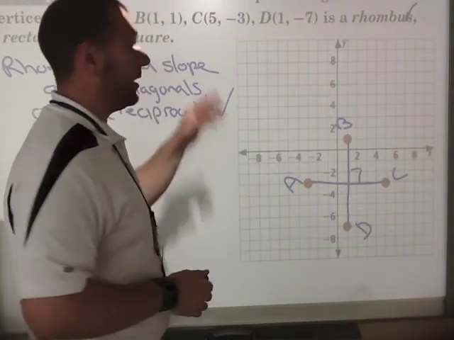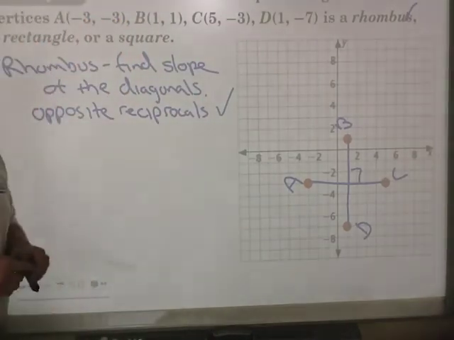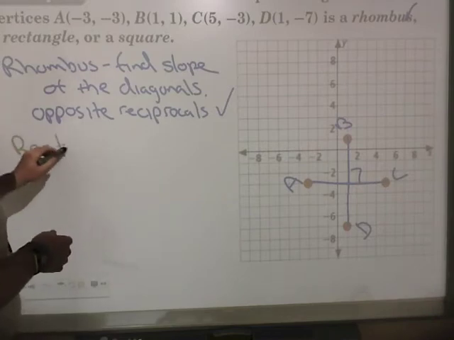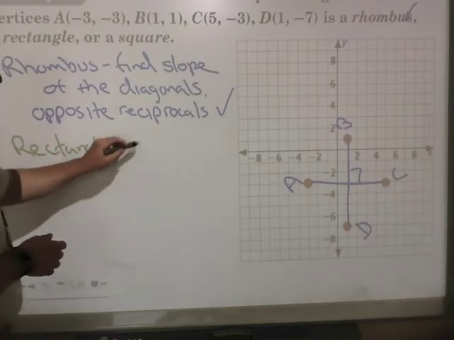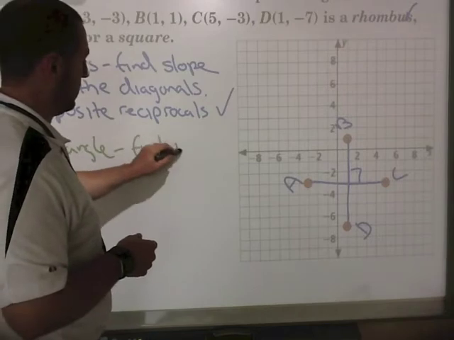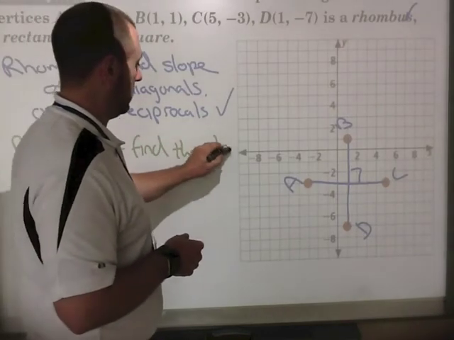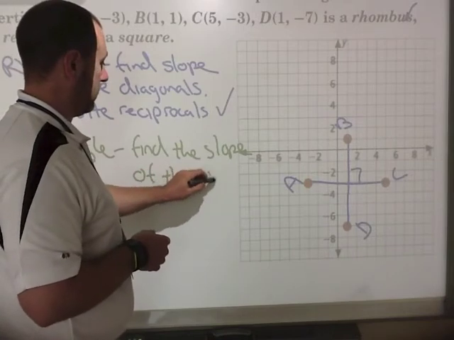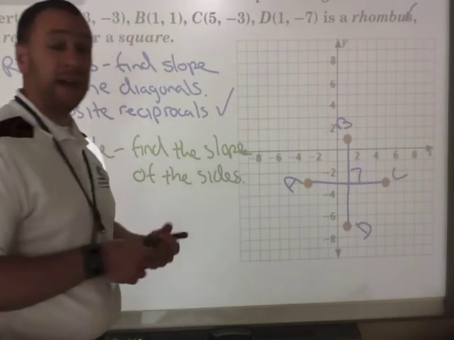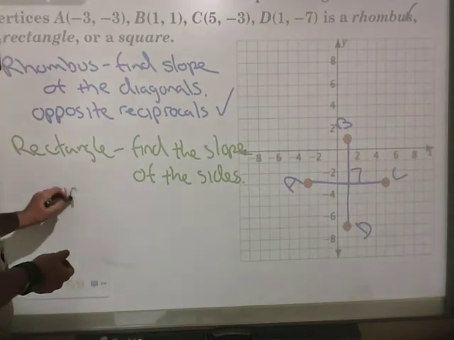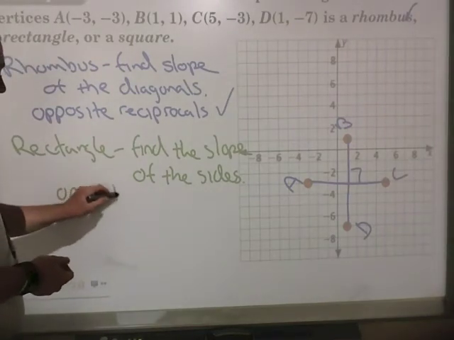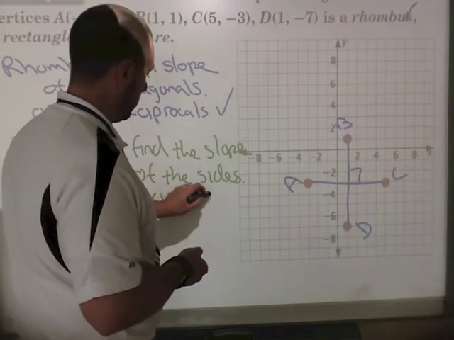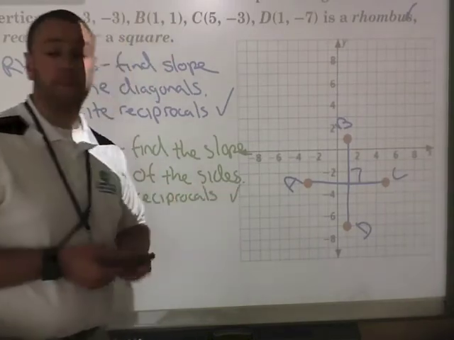Now I'm going to talk about what it means to be a rectangle. Well, a rectangle, I have to find the slope of the sides. And if the sides are opposite reciprocals, then it's a rectangle.